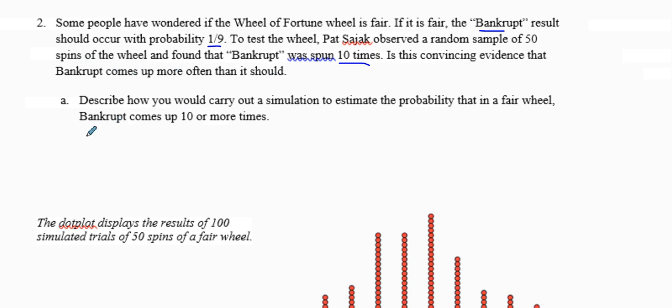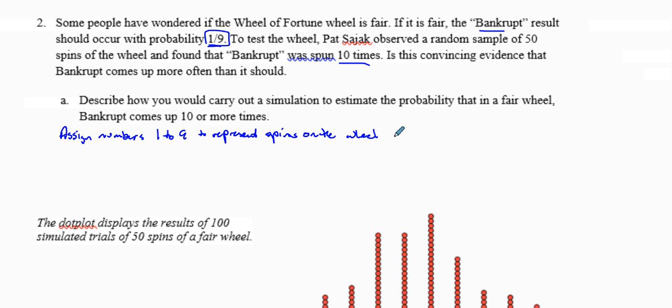Essentially, we're first going to figure out how we're going to test out this probability, to see if it's actually accurate. So from here, we're going to assign numbers 1 to 9 to represent spins on the wheel.